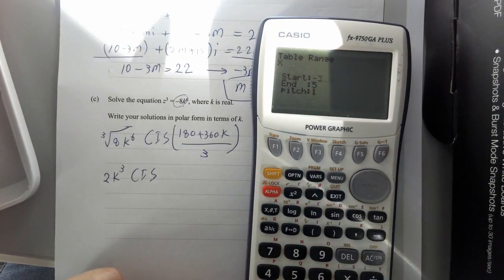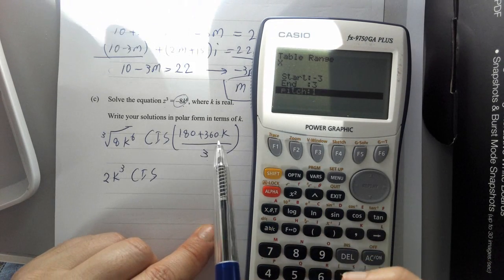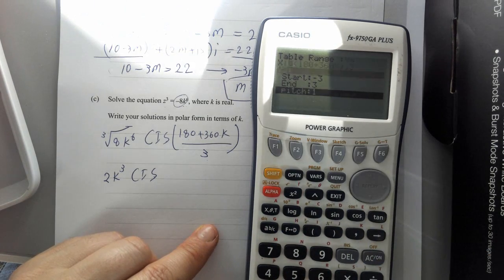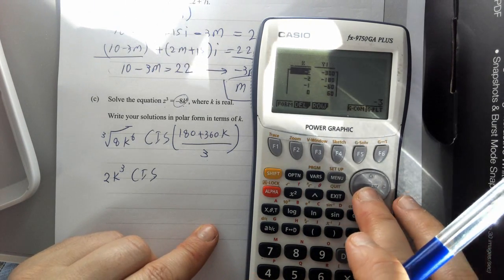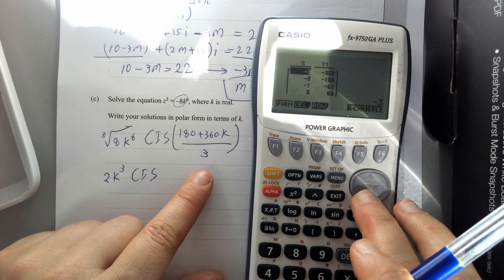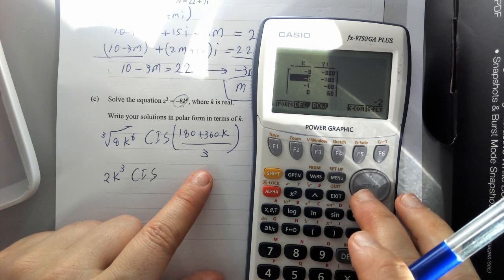So if I do -3, not -30, -3 to 3, and pitch by 1, since k is always a whole number, and if I go to table now, you can see I can find all the values. I'm only allowed to choose the values that are between -180 and +180.